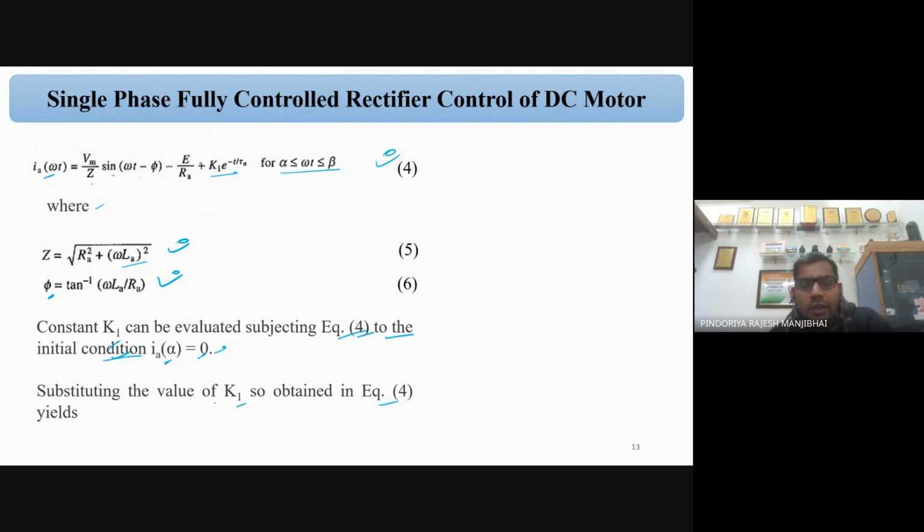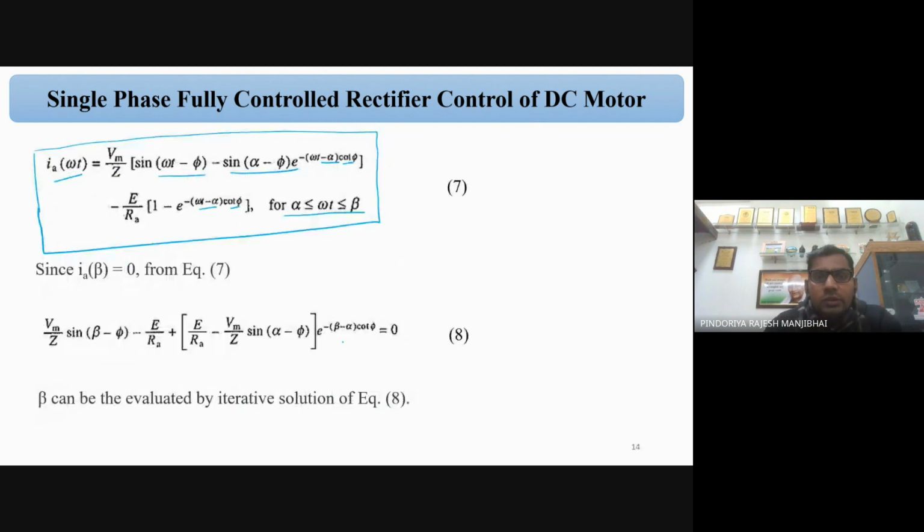Substitute the value of K1 to obtain equation number 4. Right? So this is equation number 7, correct? And cot is nothing but the ratio of cosine and sine. Otherwise, we can say 1 upon tan, that is your cot, correct?